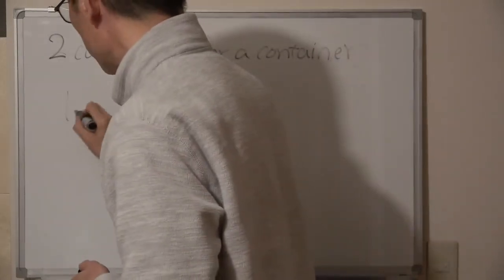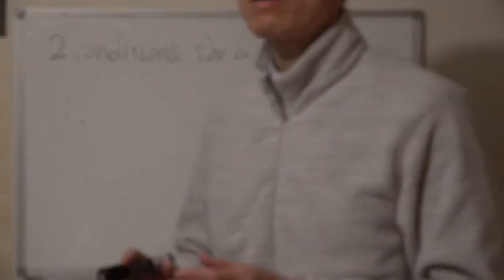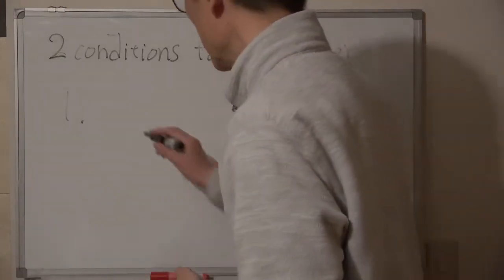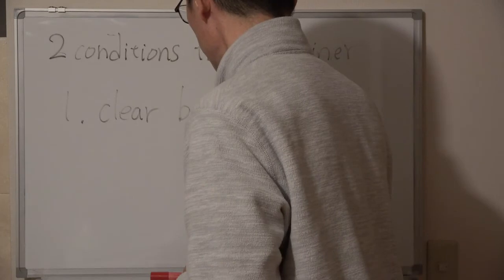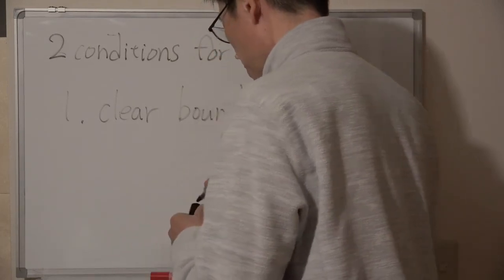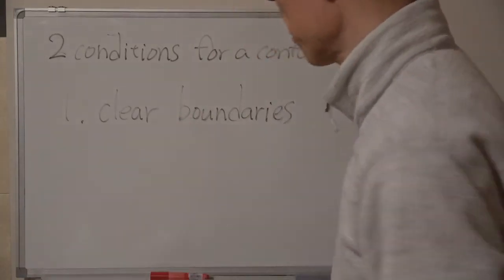Number one, a container has to have very clear boundaries. Clear boundaries. Now, boundary means 境界線ですね.